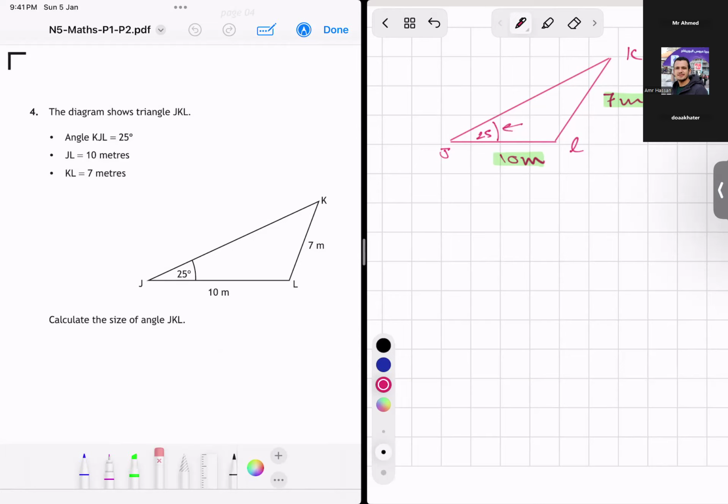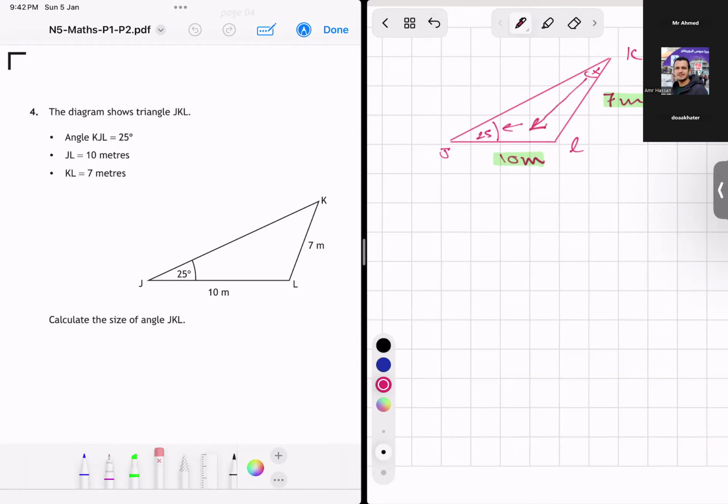The best thing, just try to use a sine rule, right? Which one? You want a K, right? Let me write it. So it's going to be the opposite side.